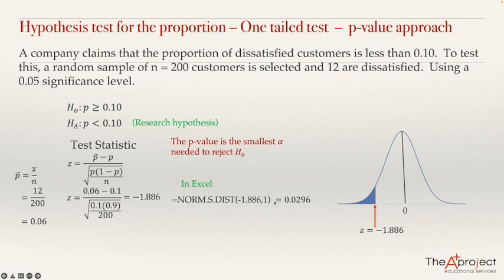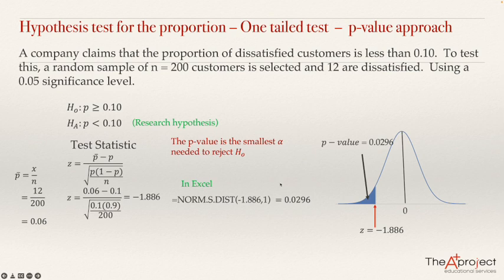So I computed the area, and I found that the area is 0.0296. This will be the p-value. As soon as I have the p-value, I will be able to make a decision.